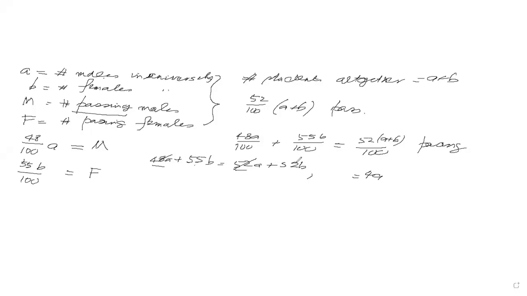And you've got 55B and 52B. Take the 52B that side, and you have 3B. So you have a nice little ratio, where A is to B the number of males to females in the school. Okay, so 4 times the males gives you 3 times the female students.